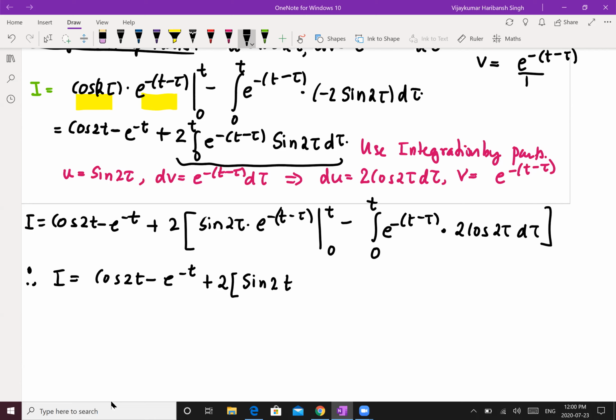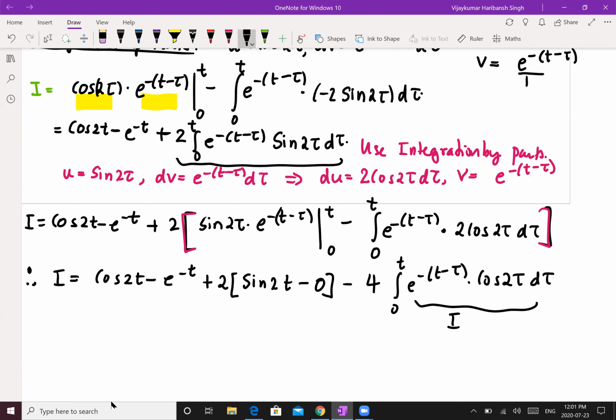And when you put 0, you get 0, minus, now let's take 2 out, and then this 2 and this 2 will multiply, so you'll get 4. So just keep this bigger bracket clear. So we get 4, 0 to t, e to the power t minus tau times cos of 2 tau d tau.